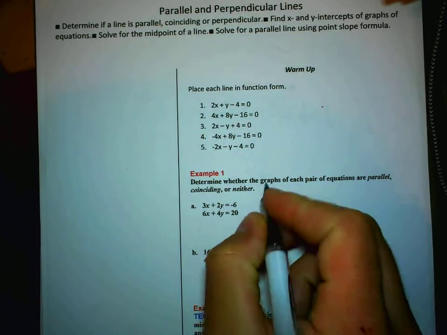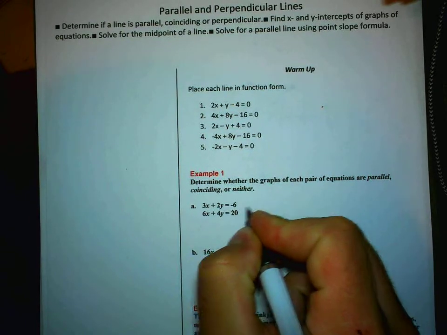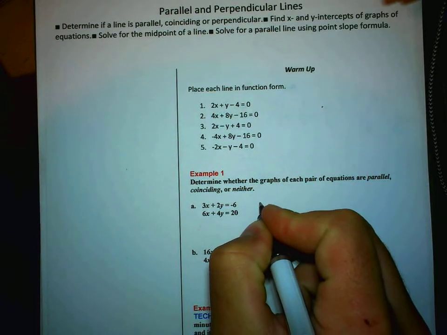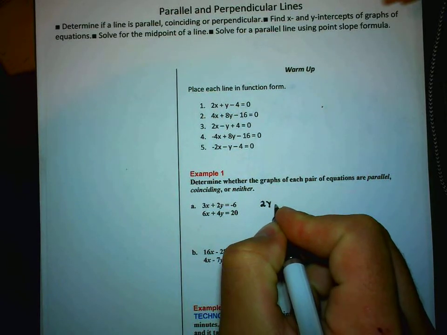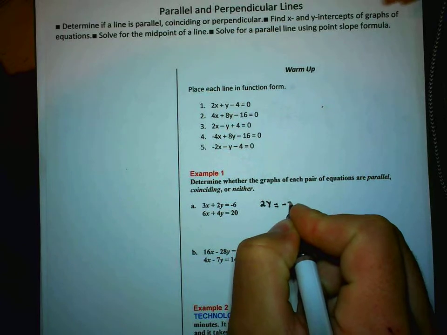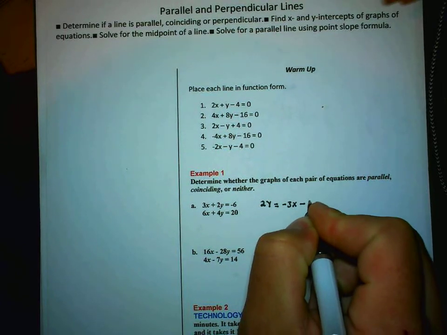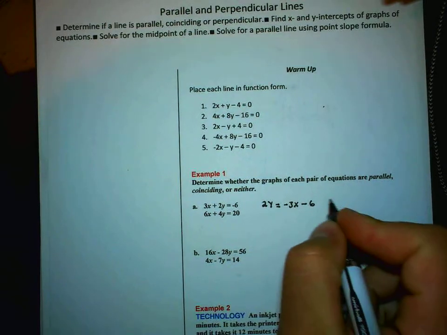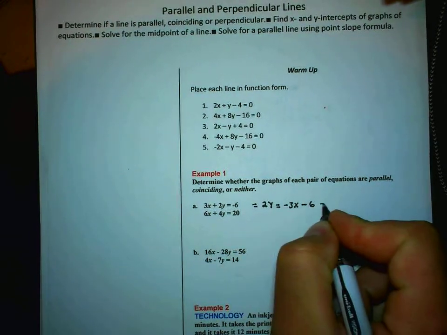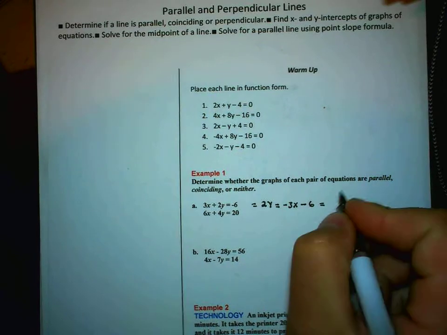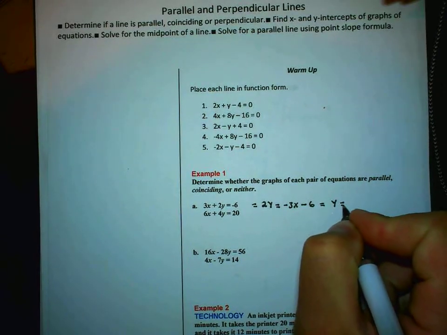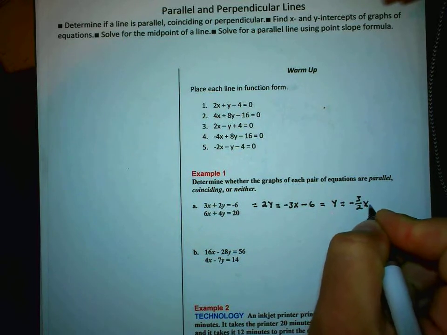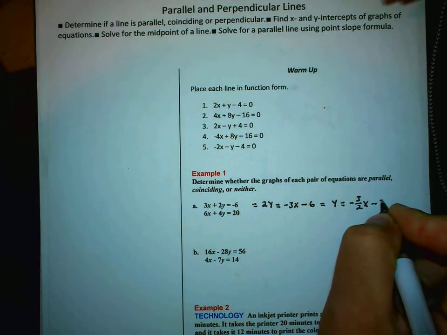So, I'm going to start with my first equation here, 3x plus 2y minus 6, and I'm going to change it to 2y equals a negative 3x minus 6 first. And then I'm going to divide both sides by 2, and y equals a negative 3 halves x minus 3.